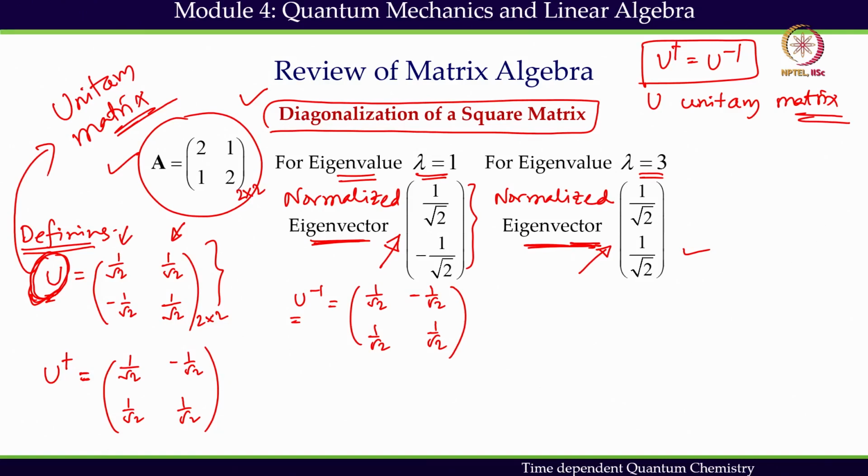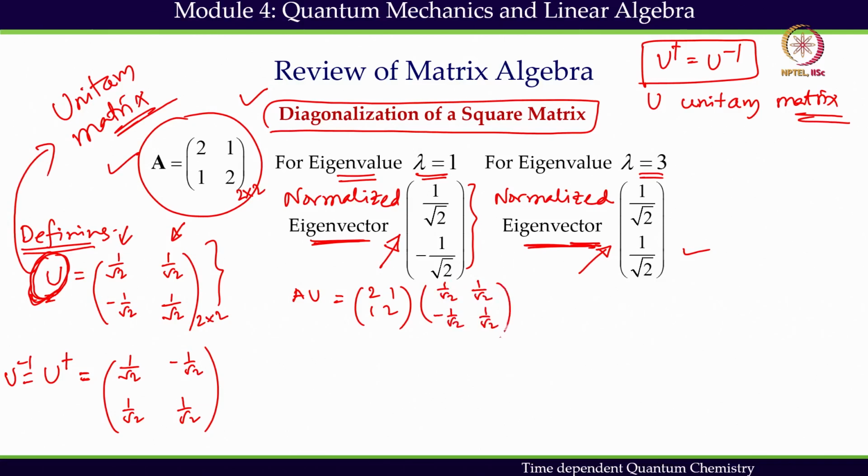Now, I will define this AU. I will multiply this AU. Now, I will find out AU. What is AU? A matrix is 2 1 1 2, and U matrix is going to be 1 by square root of 2, 1 by square root of 2, minus 1 by square root of 2, 1 by square root of 2.